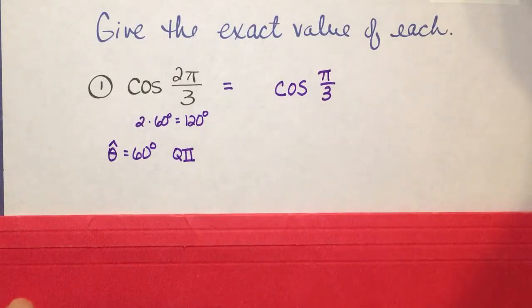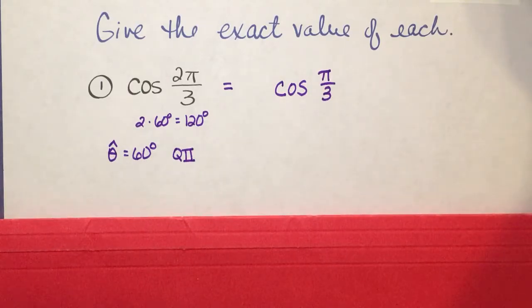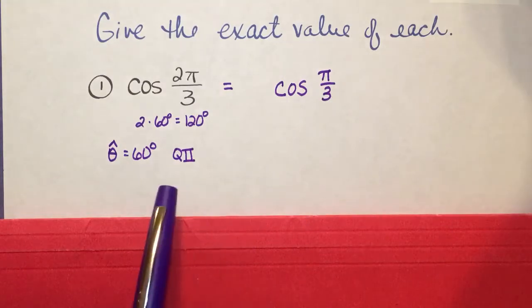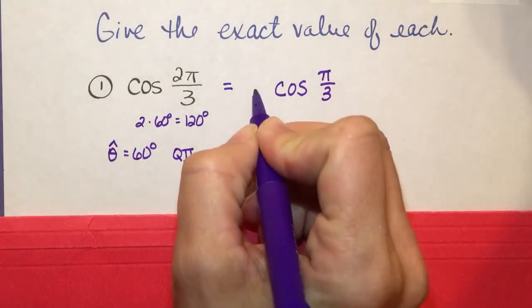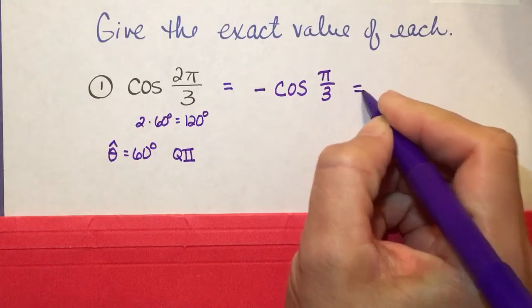Now I'm leaving the space in front because that's where you have to decide, is this value going to be positive or negative? And that's going to be based on what quadrant you are in. So this is where the All Students Take Calculus comes in. You know which trig functions are positive or negative in each quadrant. So you're in the second quadrant, and cosine is going to be negative in the second quadrant, okay?